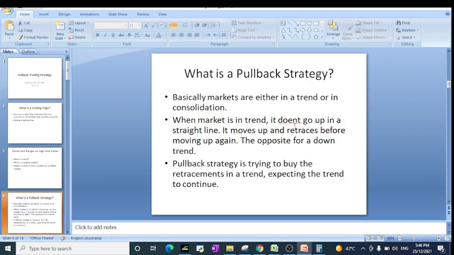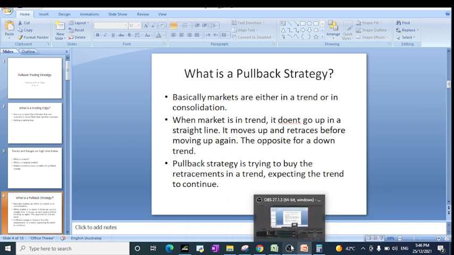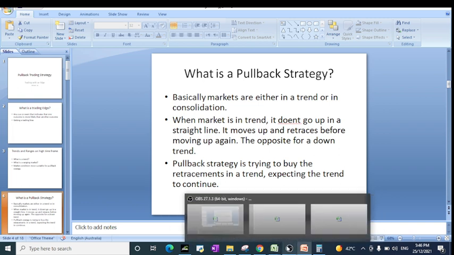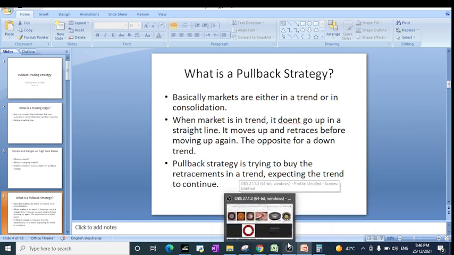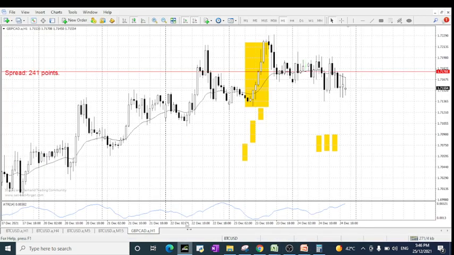So what is a pullback strategy? A pullback strategy is basically a strategy that tries to exploit the way a market moves. You see, if price is going to go from $10 to $20, it will never get there in a straight line.